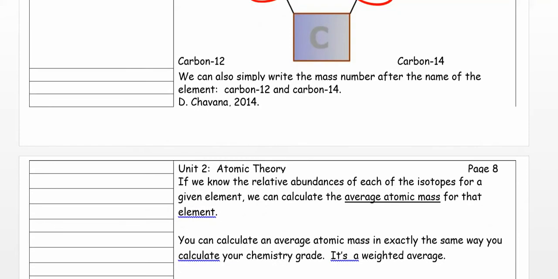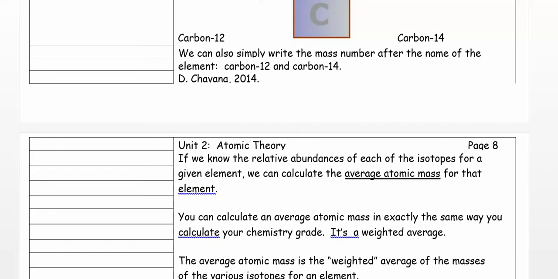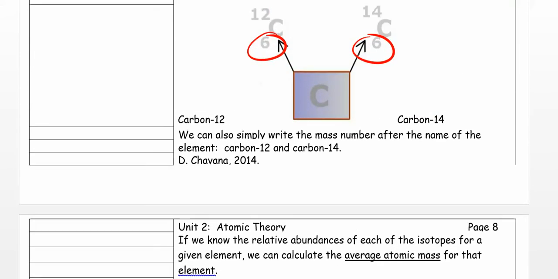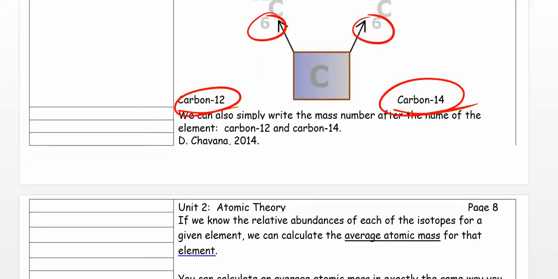Carbon 12 on the left, carbon 14 on the right. Let's denote that again. On this left side, this is carbon 12. On the right-hand side, carbon 14, just like that. Now, we can also simply write the mass number after the name of the element. For example, we can write carbon-12 or carbon-14, just like that.